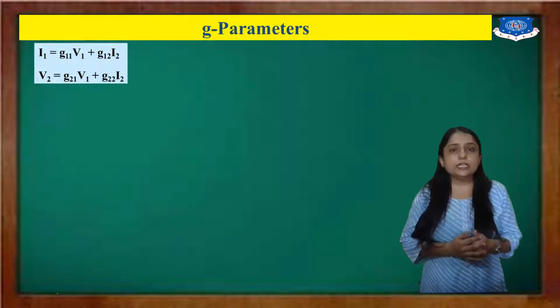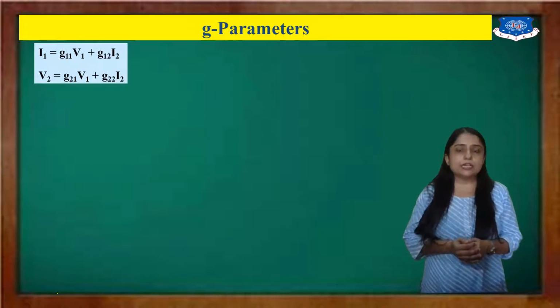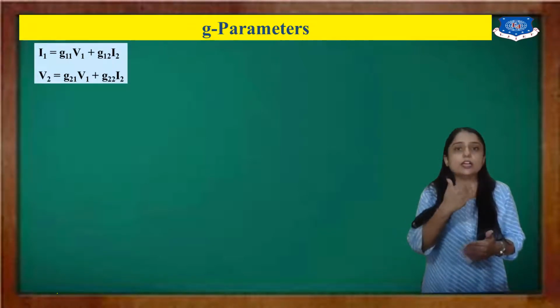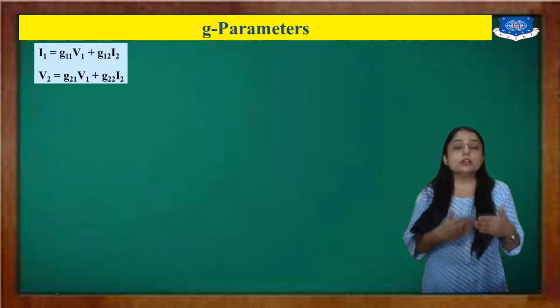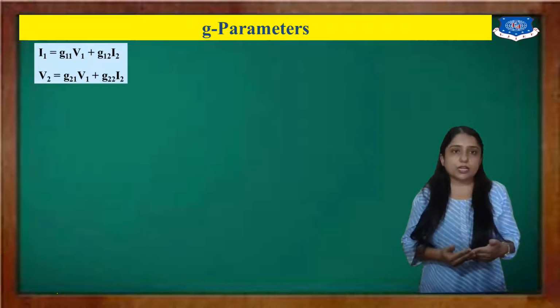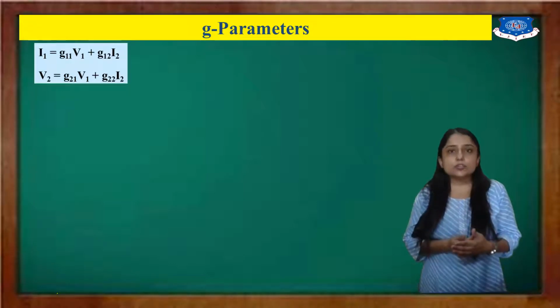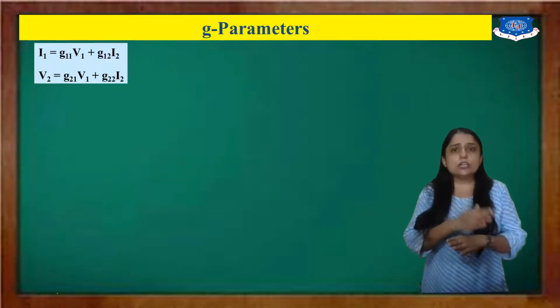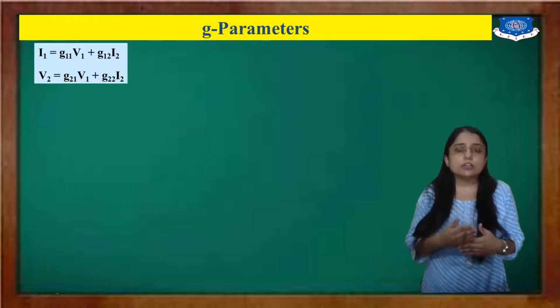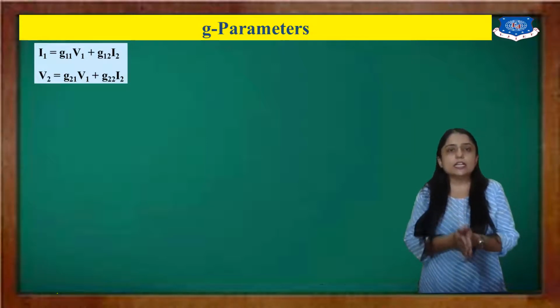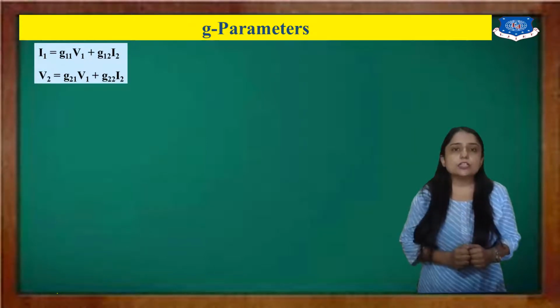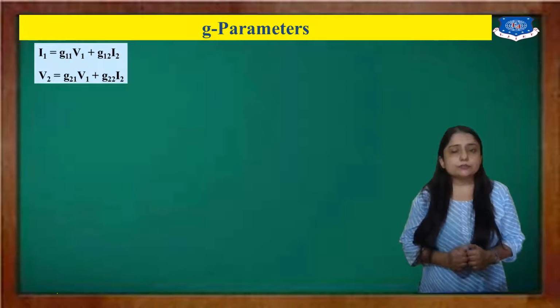If you remember, the equations of the H parameter are in terms of V1 and I2. Here, in place of V1 I have I1, and in place of I2 I have V2. So you just need to interchange the positions of current and voltage, and then you will get the exact equations for the G parameter.